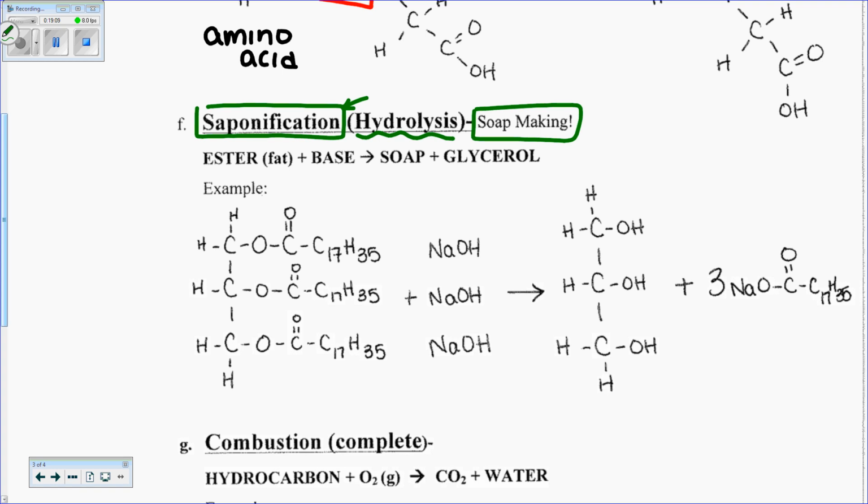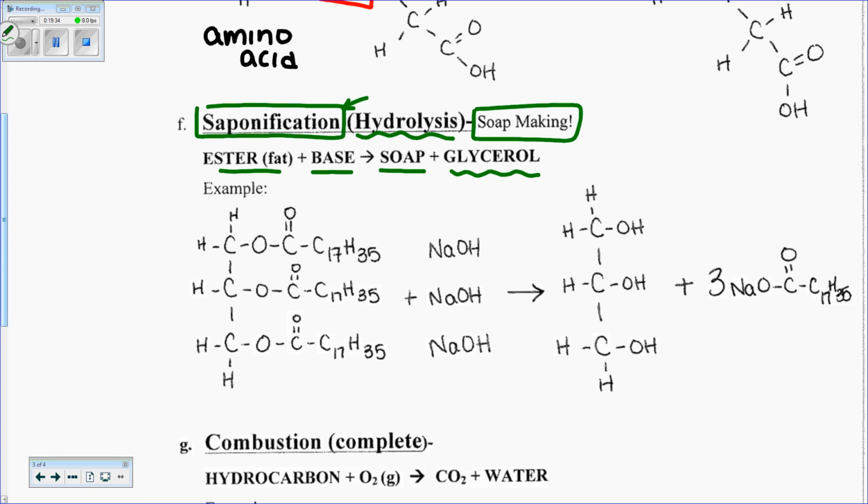I'm going to take an ester, which is fat. I'm going to take a base. And what I'm going to form is soap and glycerol. Glycerol is a fancy alcohol, basically.